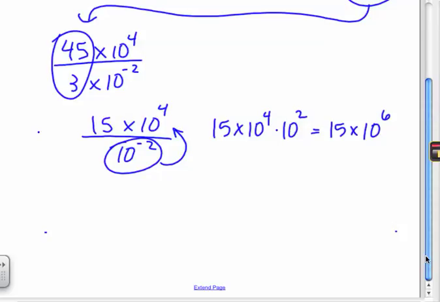So, Devin, what do you think? This does need to be a decimal. Right now it's 15. But remember, that front number has to be between 1 and 10. So I need to make that front number smaller by 1 decimal place. So that's going to be 1.5 times 10 to the what? I made the front number smaller.